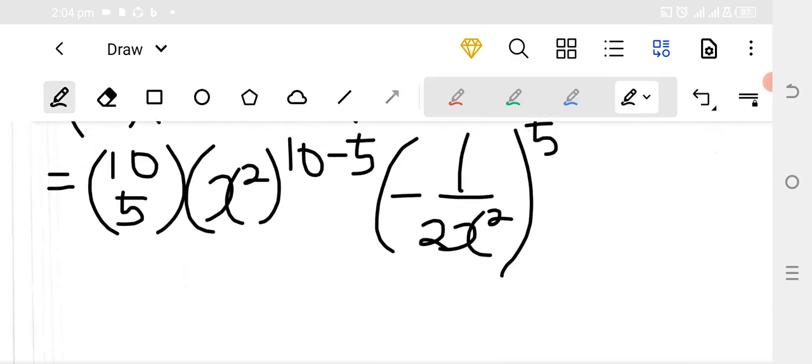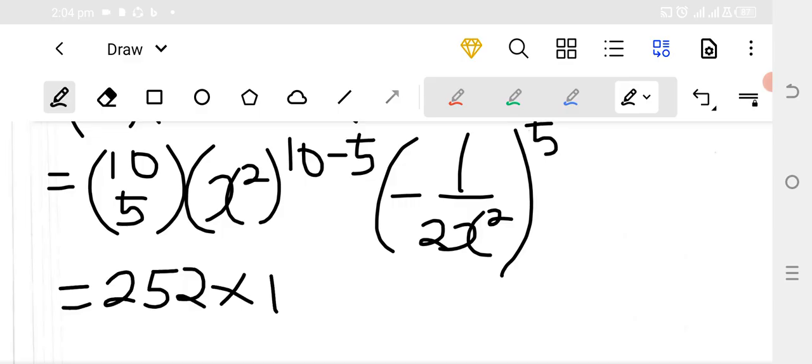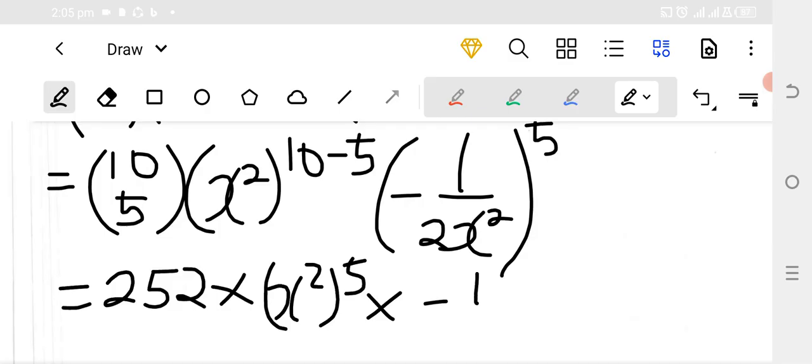Then 10 combination 5 is 252, multiplied by x squared to the power 10 minus 5, which is 5, multiplied by negative 1 over 2x squared raised to the power 5.